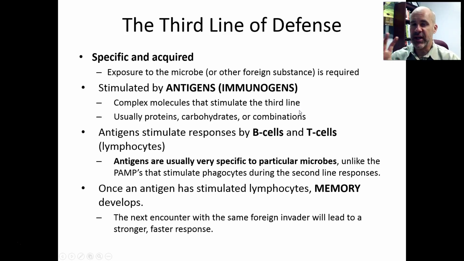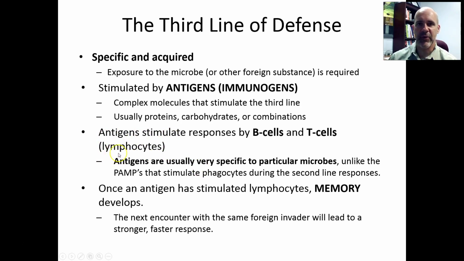They have 3D shapes, and they have very specific patterns that this branch of your immune system can recognize and respond to. They're usually proteins or carbohydrates or combinations of the two, large organic molecules that can form complex three-dimensional shapes. And as we'll see, antigens stimulate lymphocytes.